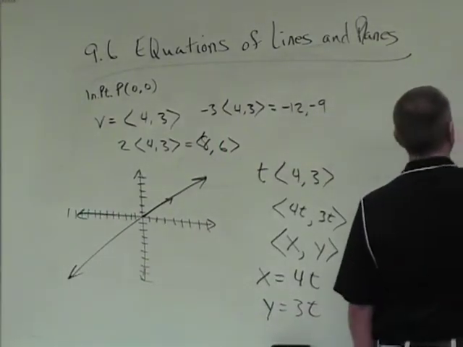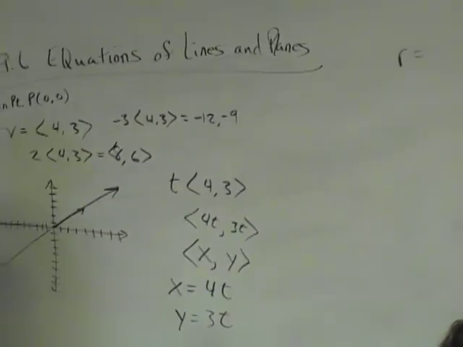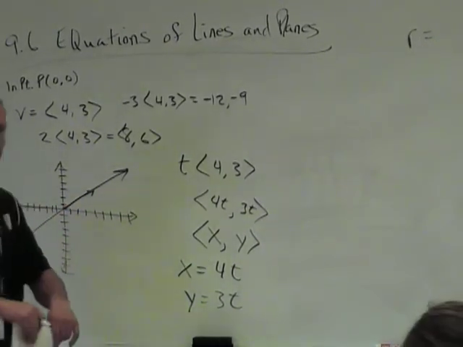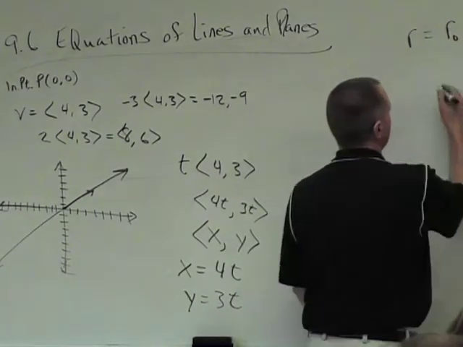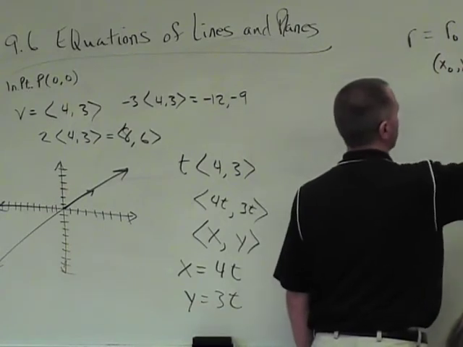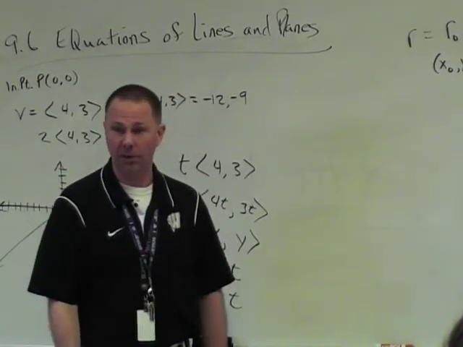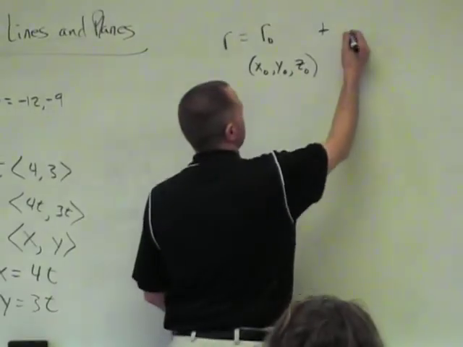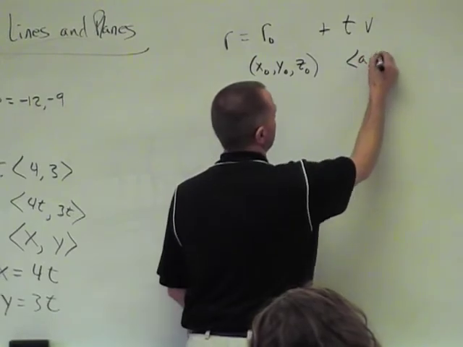So r is our vector that we came up with, that had all the information with the t and all these other scalars that we use. That's r. And what you do is you take r sub 0, which is your initial point, x sub 0, y sub 0, and we're going to go back to 3 dimensions here, z sub 0. So that's a coordinate, that's your initial point. That's what r sub 0 is. And you're going to add t times your vector. And we'll just say the vector's a, b, and c.